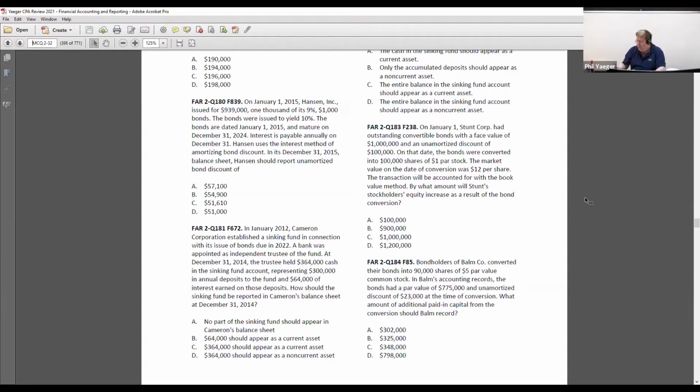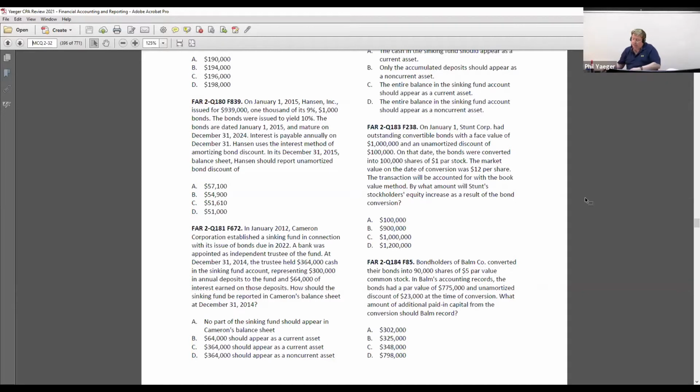The market value of the common stock is $12 per share, so $12 times 100,000 shares. We credit common stock at par value for 100,000, and the total market value is 12 times 100,000, which is 1,200,000. So the APIC should be how much?